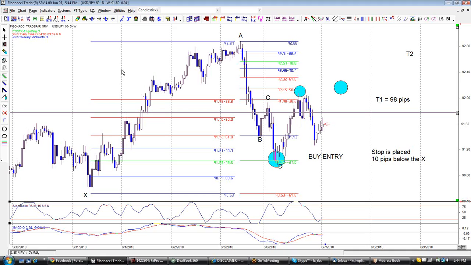Don't look for reversal patterns unless they will reverse in the direction of the general trend.